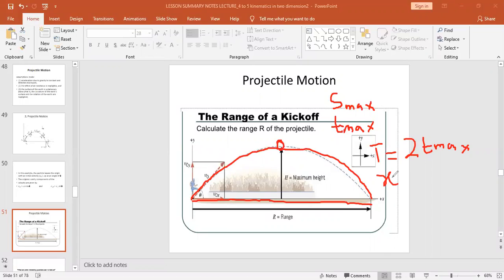So now let's begin and derive the equations for these four quantities.